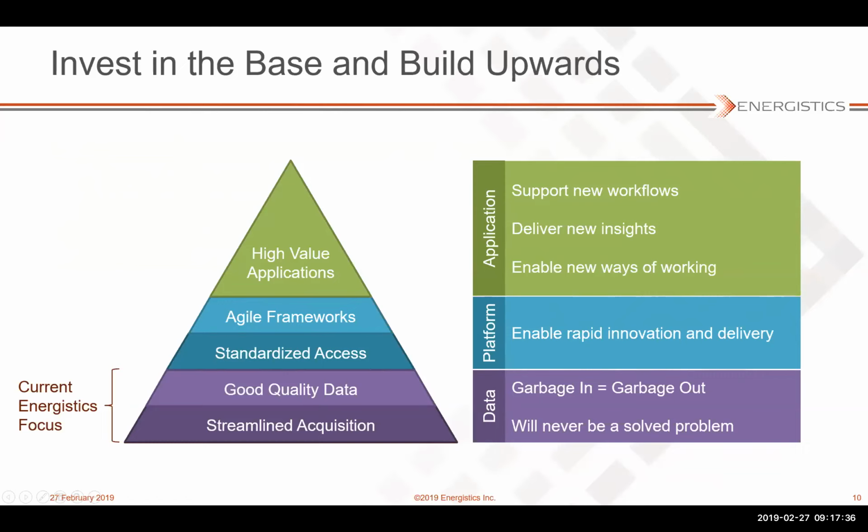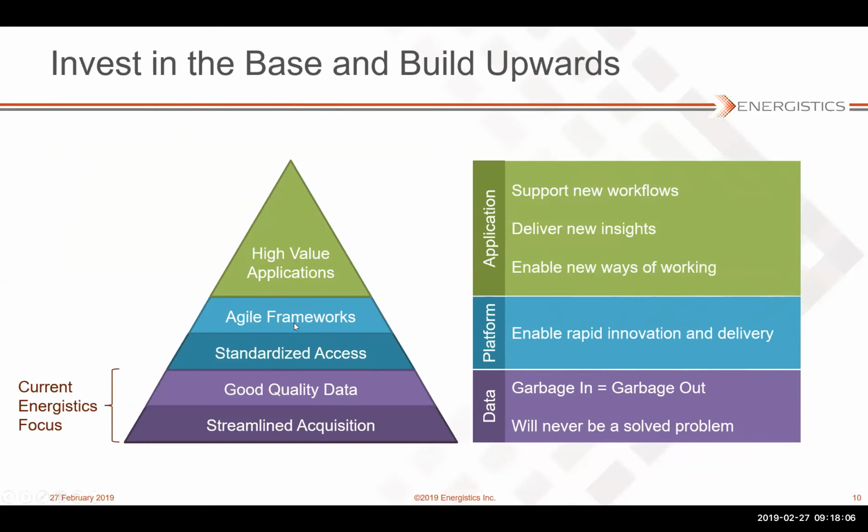So we can't stop the focus on this base, but we can also extend our gaze upwards a little bit along this pyramid and look at the next steps. So if you have a good enough foundation, then the next steps up from there are to provide standardized access to get at that data so that it's easier for people to come in and build applications that can consume that data and fuse data across different domains.